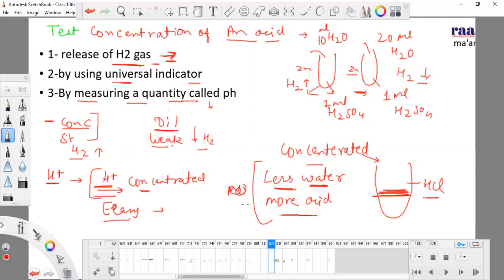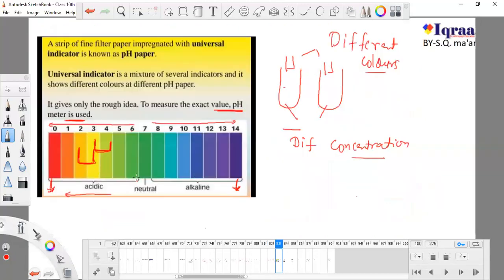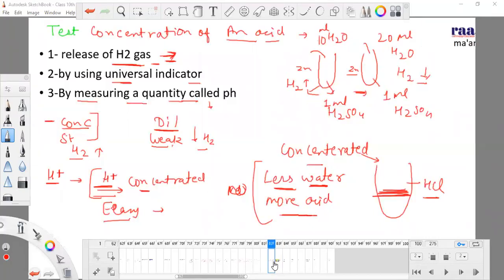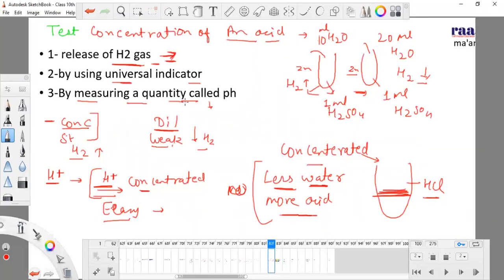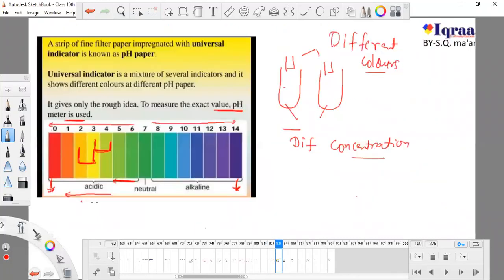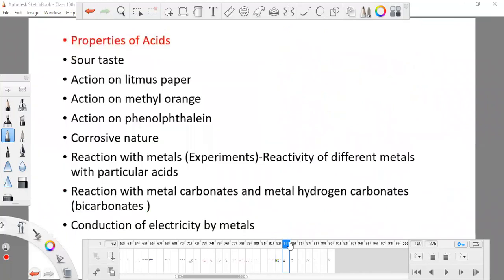Using universal indicator, you can see the color difference. And finally, by measuring pH with a pH meter, you can find which is more concentrated and which is less concentrated. Now we are moving to another point.